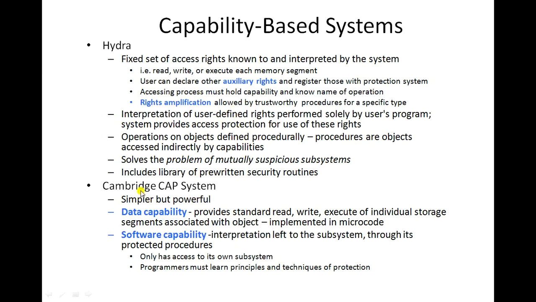The next one is the Cambridge CAP system. It is simpler and it is powerful also. It has a data capability, which provides standard read, write, execute of individual storage segments associated with each object, implemented in microcode.